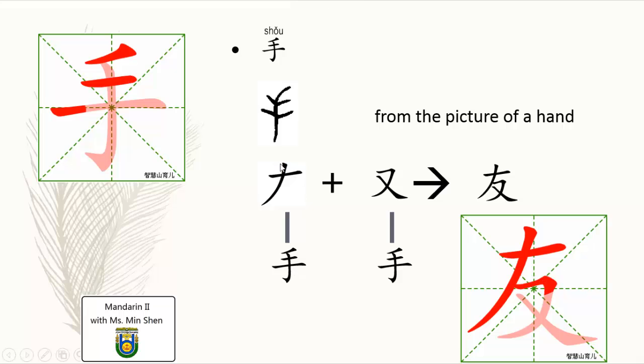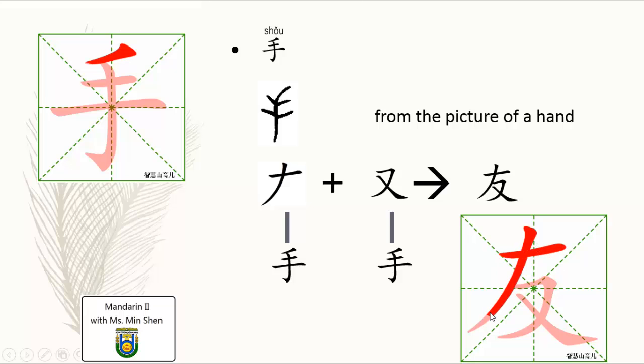Right? 1, 2, 3 fingers, 一个手. This one, the character 友, we know originally it's from another hand. 一个 finger, 两个 finger, 三个 finger and hands. 一二三手, another hand, and another hand, we put them together as a combined character.